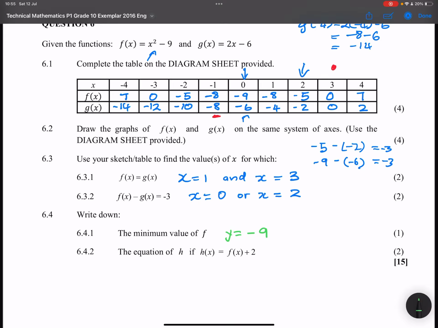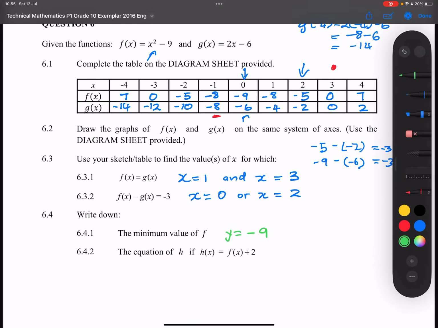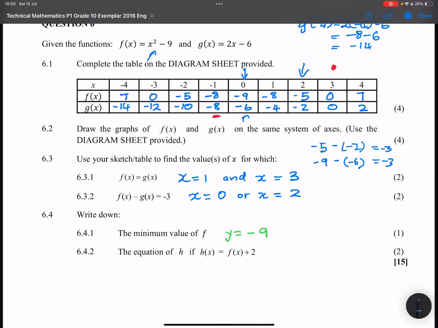And then finally, they say to us the equation of h, if h of x is equal to f of x plus 2. All we need to do is say, well, h of x is equal to f of x. What's the equation for f of x? That's 2x minus 6. But what are we doing to f of x?